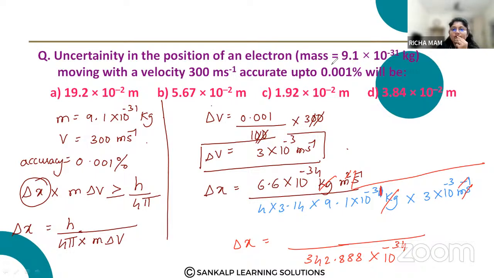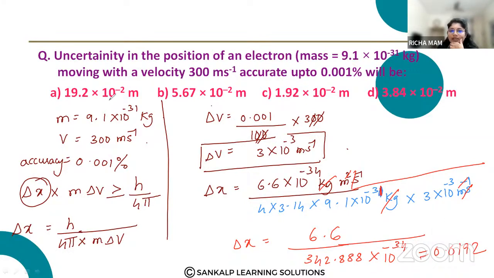Find out what you are getting. Just 6.6 divided by 342.888. I am getting it as 0.0192.